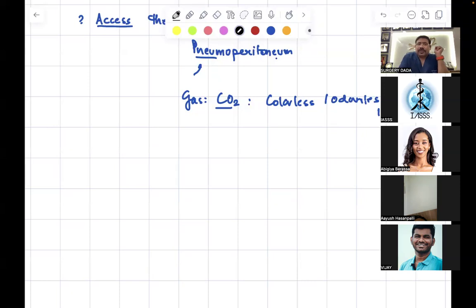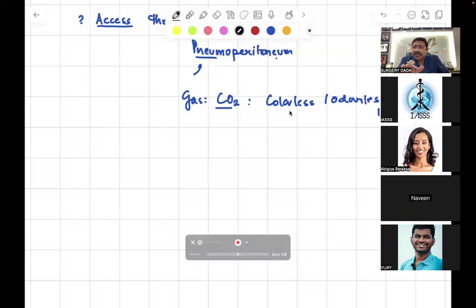Now, one very important thing that I'm going to tell you. Try to understand. Whenever we talk about CO2, why am I discussing CO2? This is very important. CO2 is a gas which has a sympathomimetic action. What do we mean by sympathomimetic action?